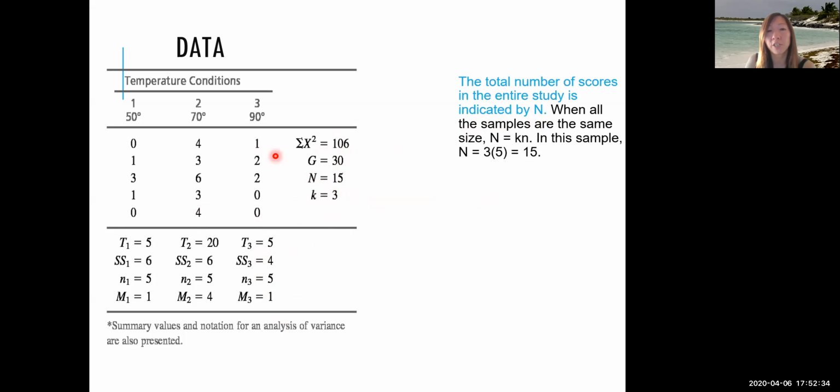In a group this small, you can just count up the number of people, or we have 3 groups times 5, and you get 15.